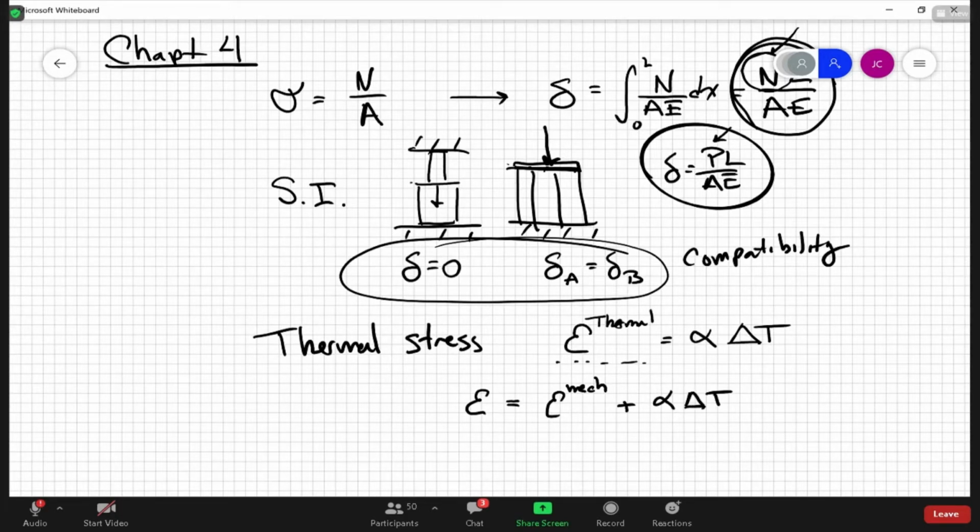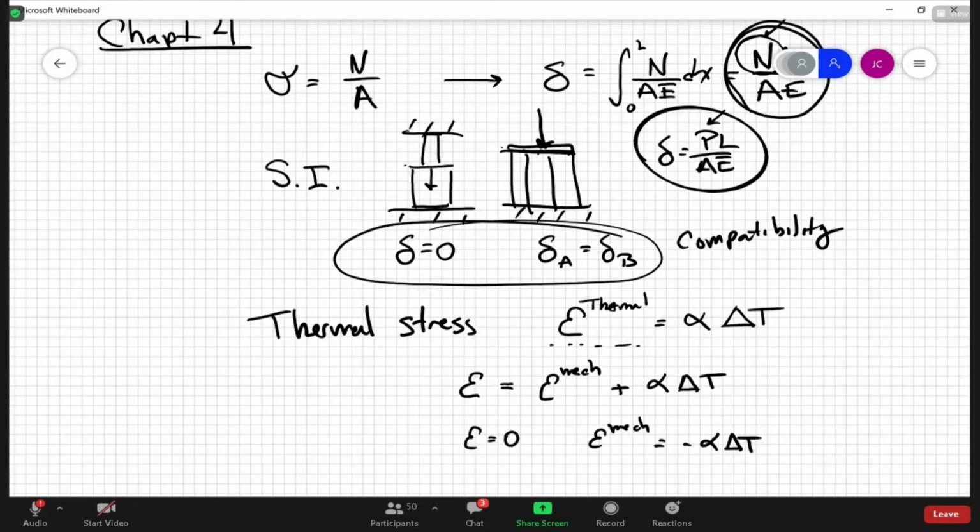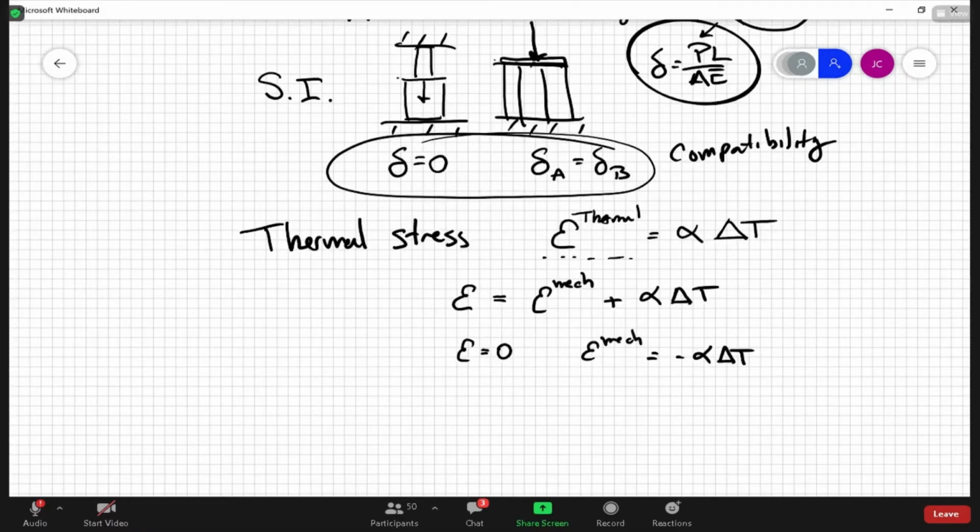And if the part is constrained, right, the measured strain is 0, so the mechanical strain equals the negative of the thermal strain. Or if it's free to expand, the measured strain equals the thermal strain, in which case the mechanical strain is 0.